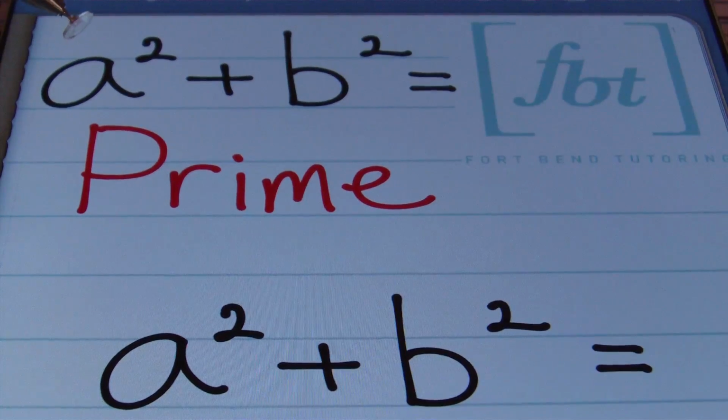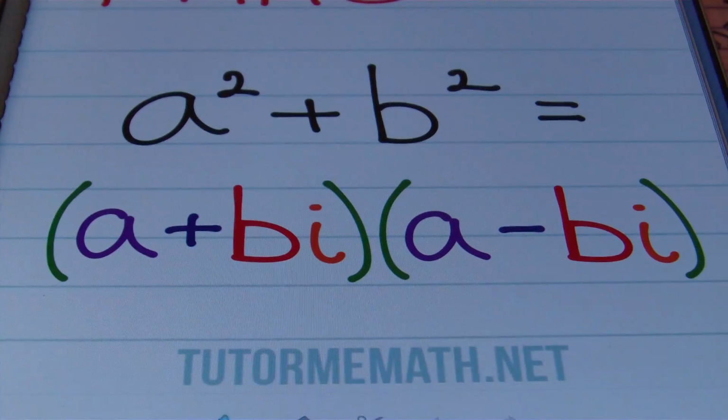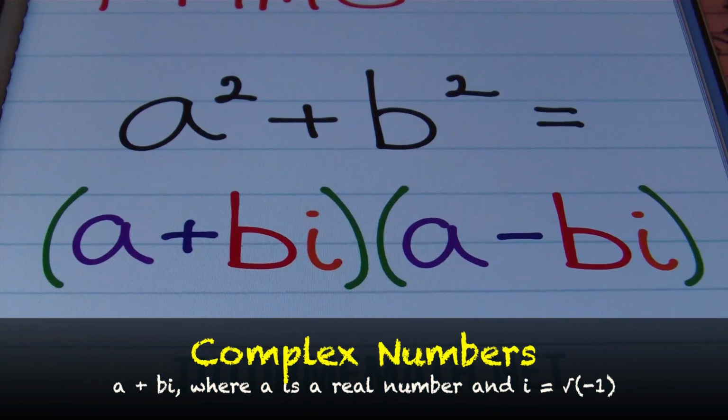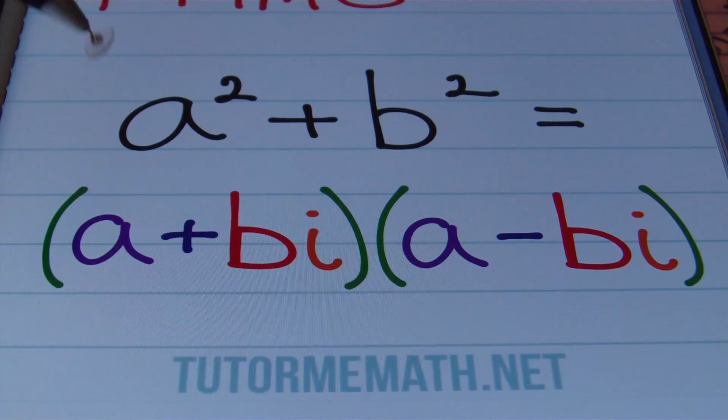The point of this video is to remind you that, yeah, you can't factor this using real numbers. However, you can factor this using imaginary complex numbers. See, using complex numbers, those numbers that involve a real number and an imaginary number, you actually can factor a sum of squares. And this is the factoring pattern for that.